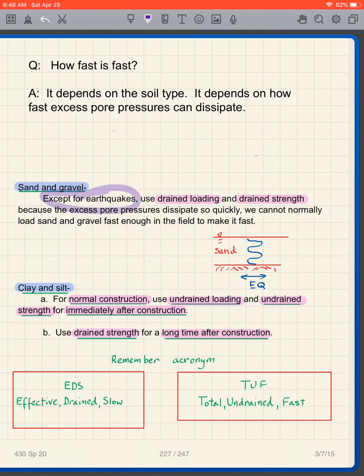when we have an earthquake loading, that's a different story. So in other words, if our shear stresses are caused by an earthquake, and here I've shown approximately what happens when we have an earthquake. The base rock moves, for instance, back and forth horizontally and creates a seismic wave that travels upward through the soil.